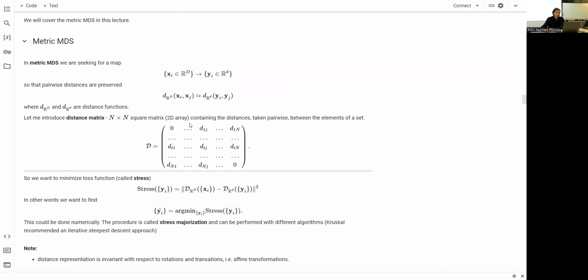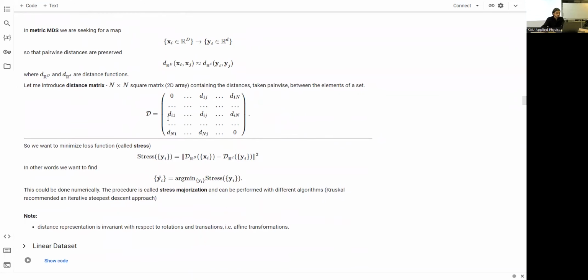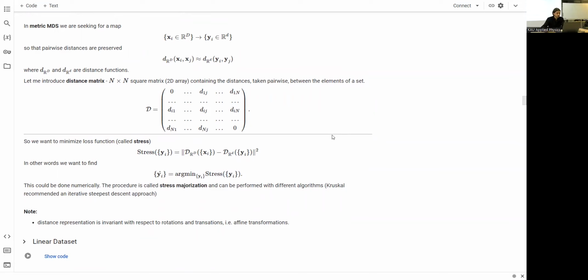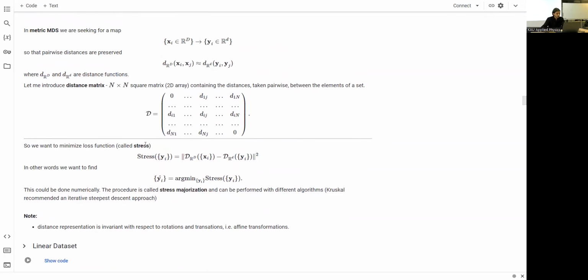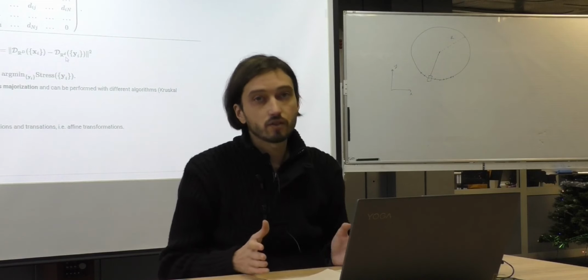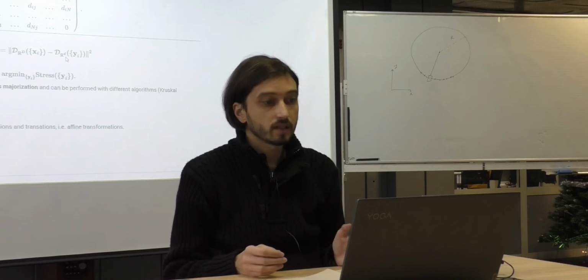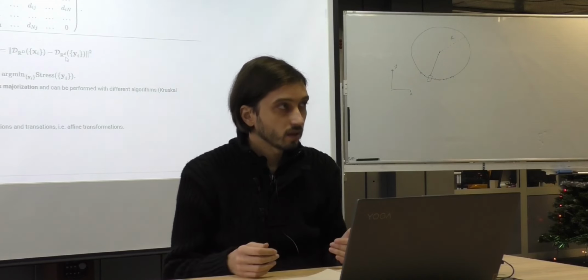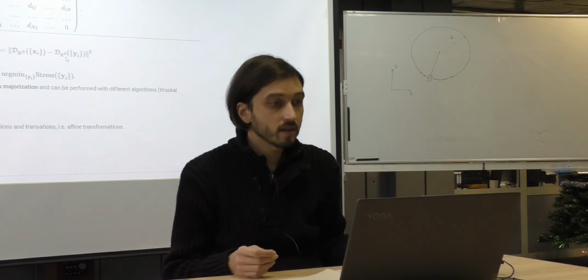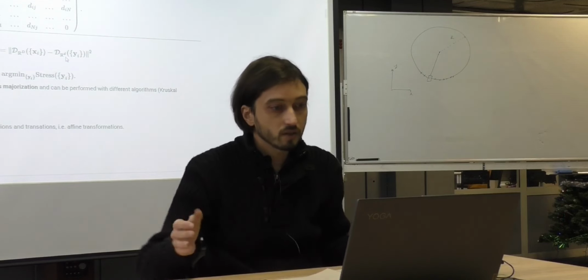So we introduce a distance matrix that describes the distances between all the points that we have. And here is our stress. That's what we are trying to minimize. We have a distance matrix for the points in a higher dimensional space and a distance matrix for points in the lower dimensional space. After the transformation, these two matrices have the same number of rows and columns, because that is the number of points, and of course the number of points does not change.